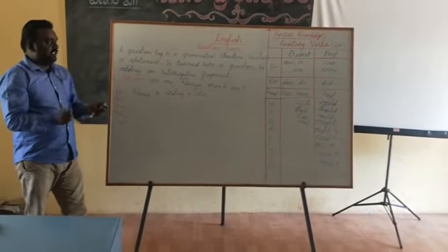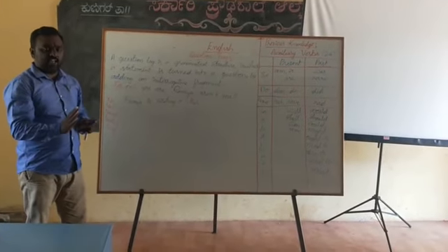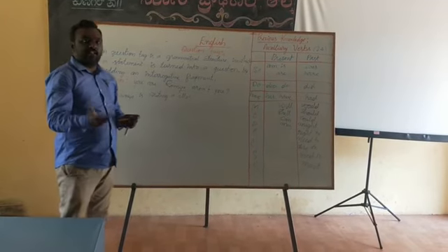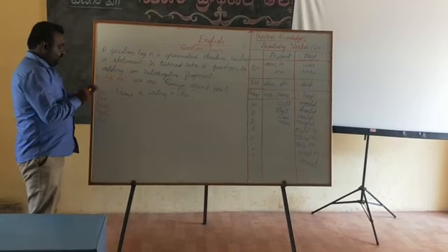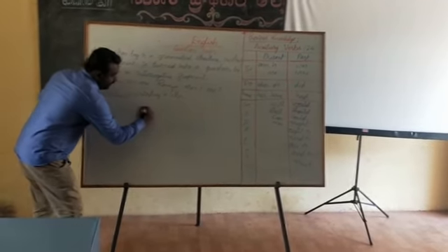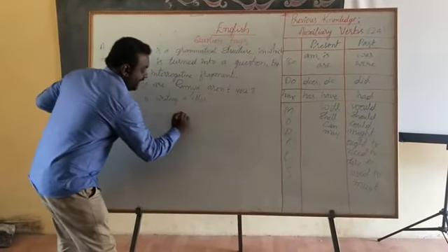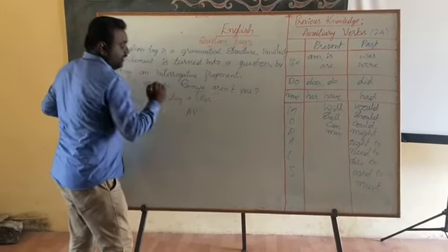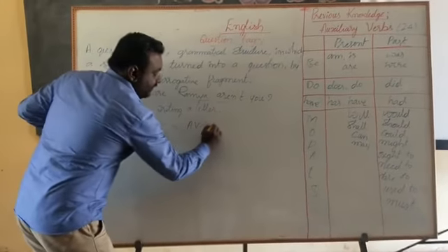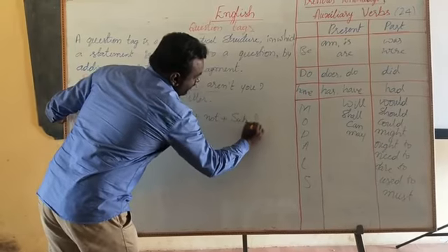As a rule, we must add a negative question tag for a positive statement and a positive question tag for a negative statement. If the sentence is a positive statement, we add AV, meaning auxiliary verb, then not, then the subject, and a question mark.